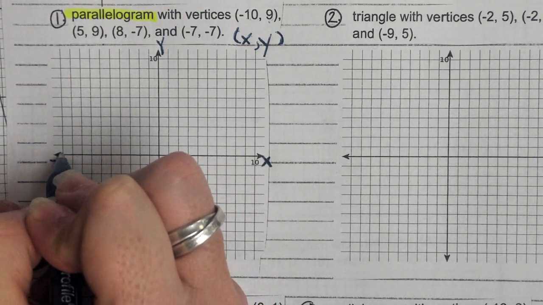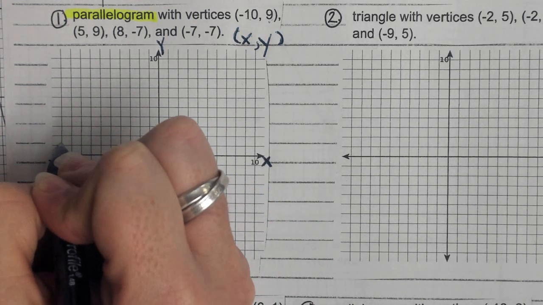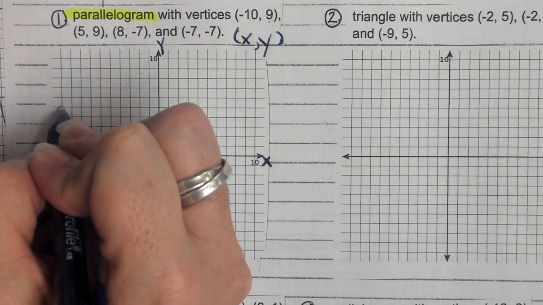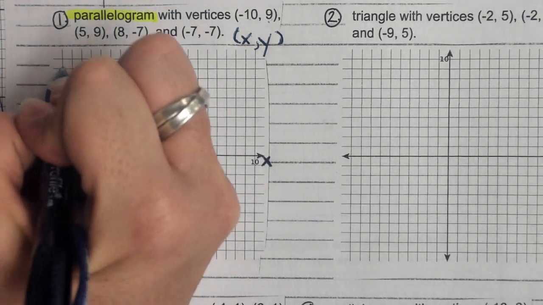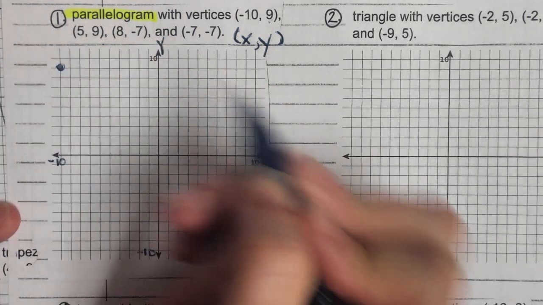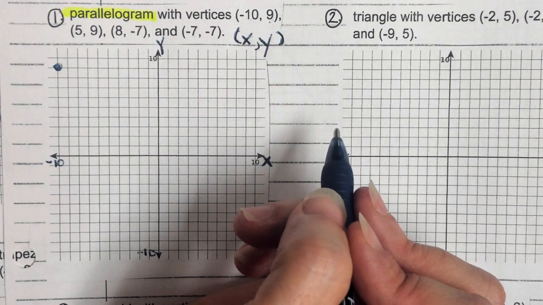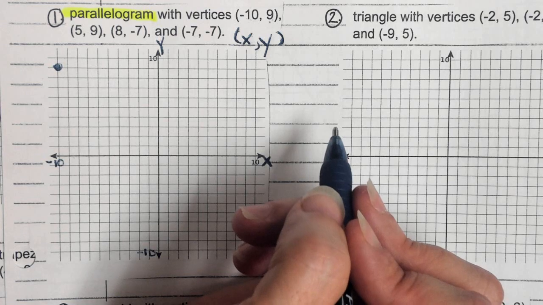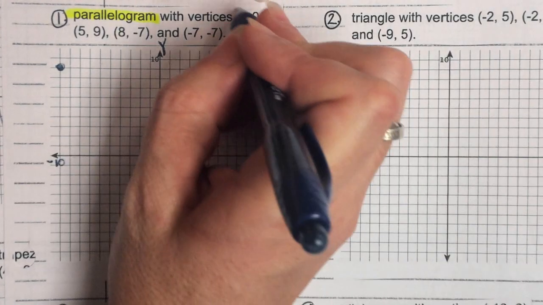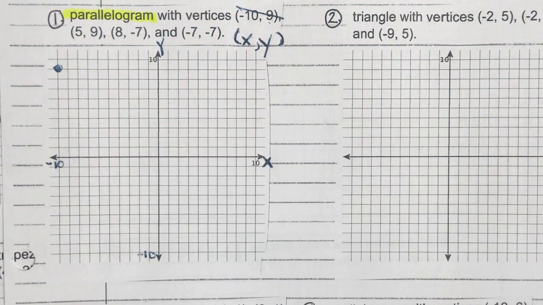Okay, and then up 9 on the y-axis. 1, 2, 3, 4, 5, 6, 7, 8, 9. And then I'm going to put a little point there. And that point is representing that point, but it's also where they cross. It's not in the middle of a box, it's where they cross.